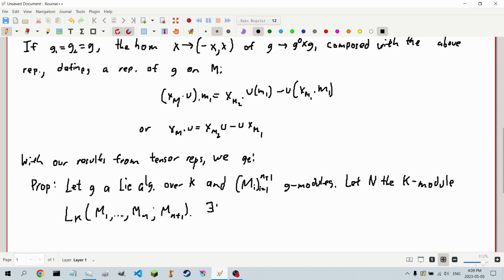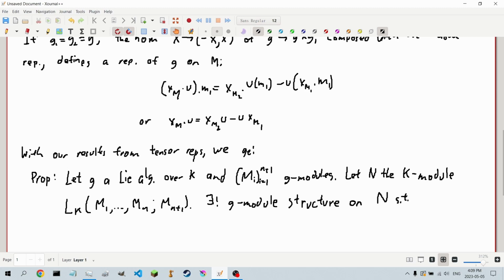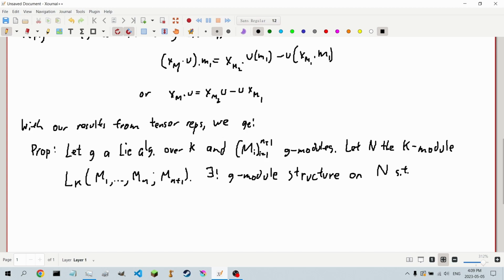There exists a unique G module structure on this N, which is this linear thing, such that x_N acting on U, then acting on a vector of n components. I guess it's more of a list than a vector.